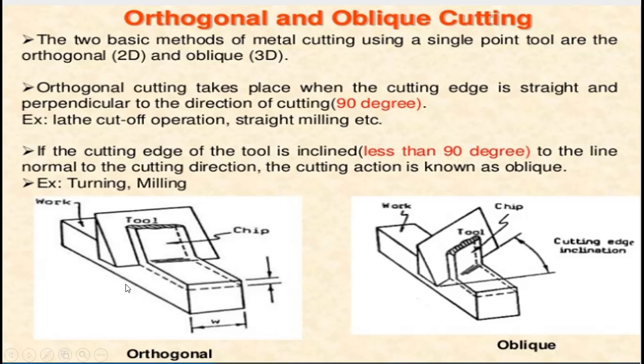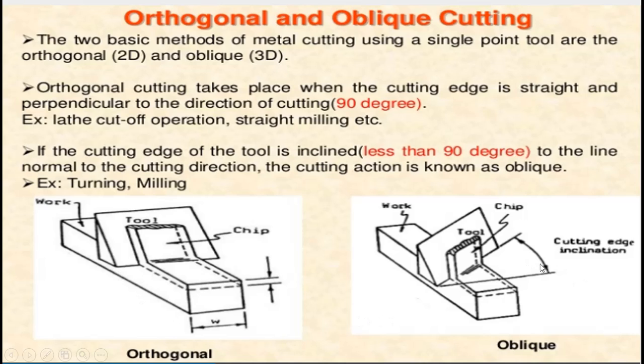Say in this diagram, the tool is moving in this direction parallel to the length, and the cutting edge is perpendicular to the length of the workpiece, that is, a 90-degree angle is formed between the cutting edge and the length of the raw material.